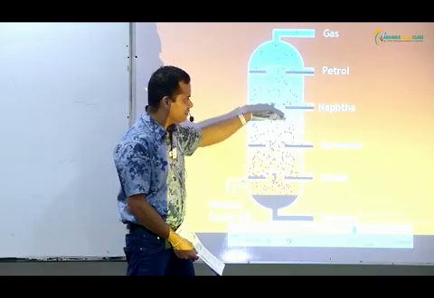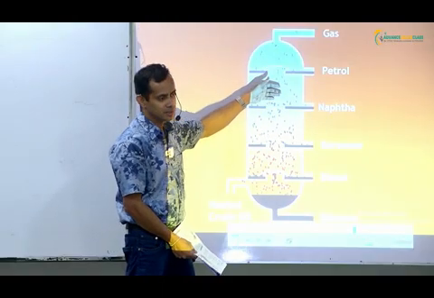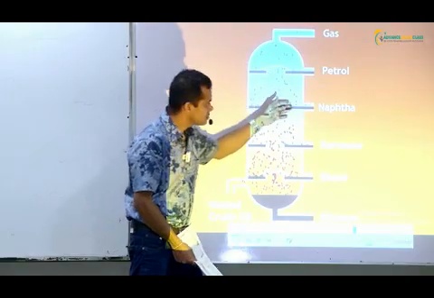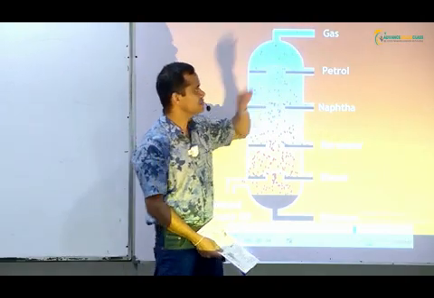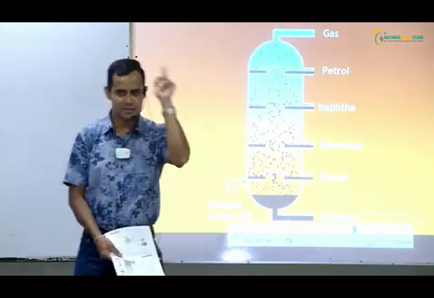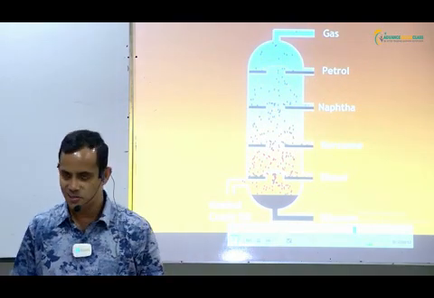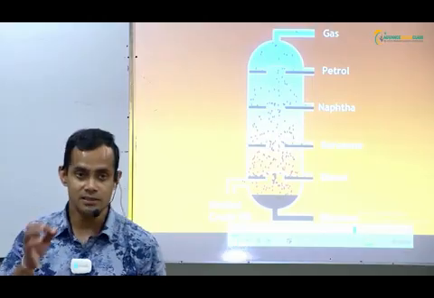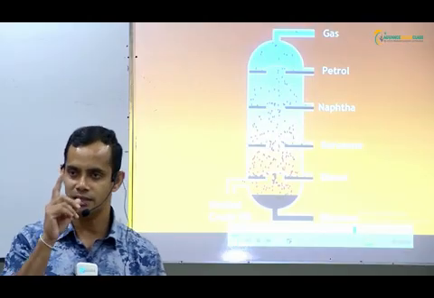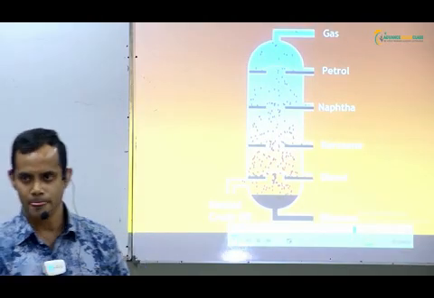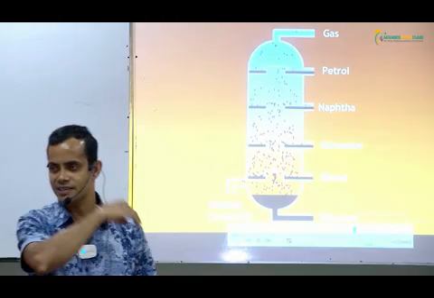At this level, naphtha cools below its boiling point and turns to liquid, coming out. This way, petrol gas finally comes out as a gas. This is fractional distillation. So you can understand we are maintaining some conditions, especially temperature, maybe pressure also. Therefore, we can take them out separately.